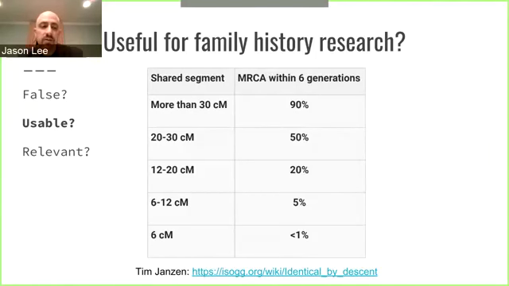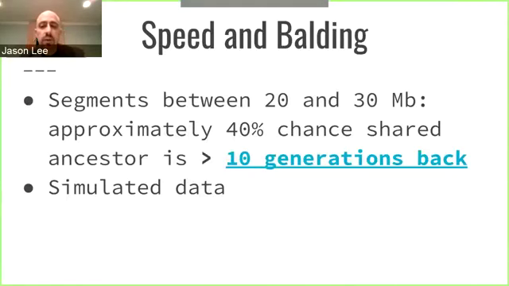We've got the false positive rate to contend with, and we have the issue of very distant ancestry to contend with. So this is a similar point from a study by Speed and Balding, where they looked at simulated data, and they determined that segments between 20 and 30 megabase pairs have approximately 40% chance of coming from an ancestor greater than 10 generations back.